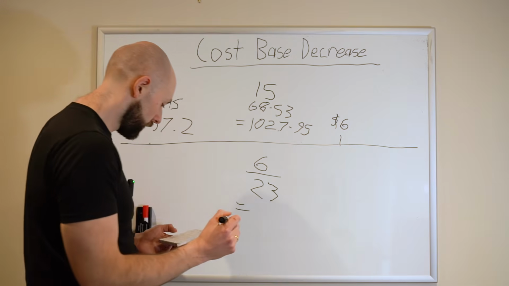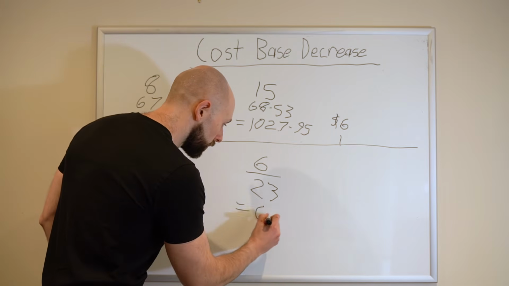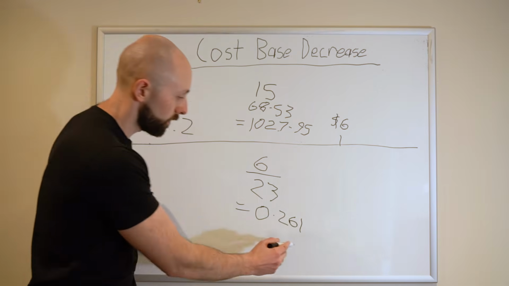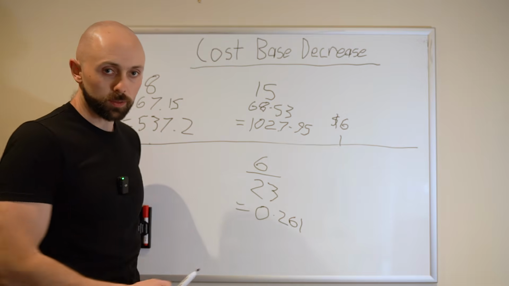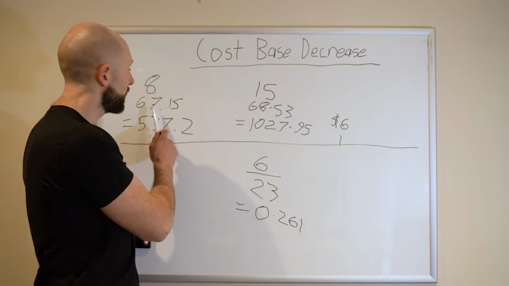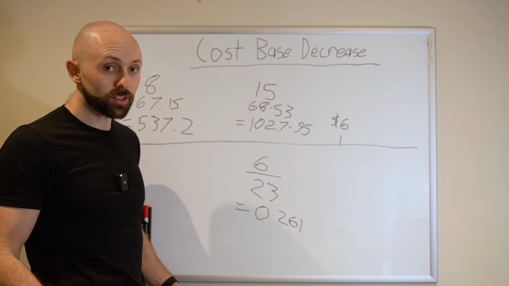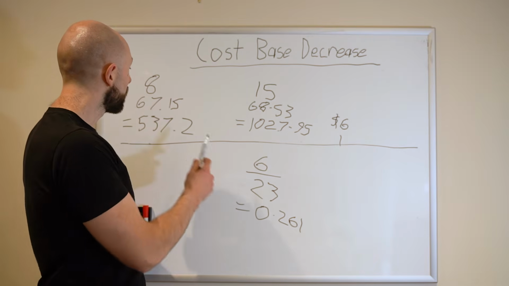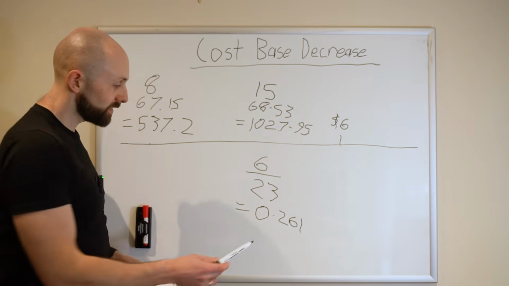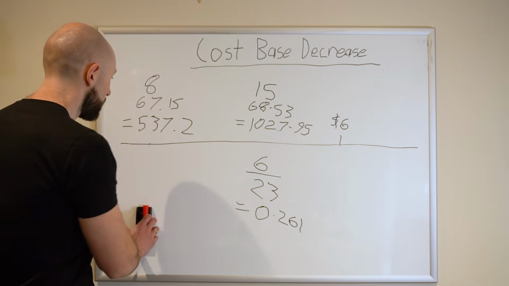And that gives us the 0.261 figure again. Before, in the cost base increase, we added it to the price. This time, exact opposite, we're going to subtract it from the price instead. So let's now subtract that from these prices.